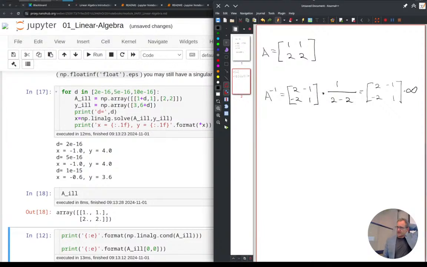So all the coefficients are infinite in this case. Here we can add something small to both of them. Just that top one. So I could add plus d up there.